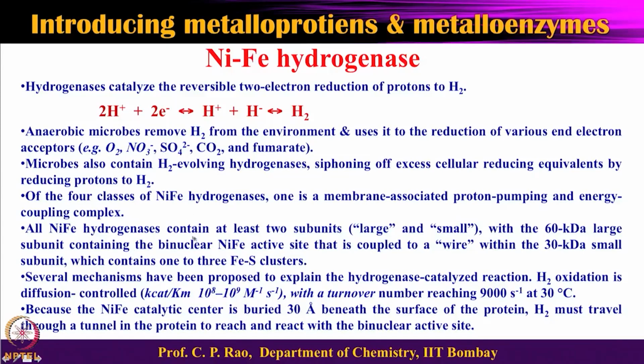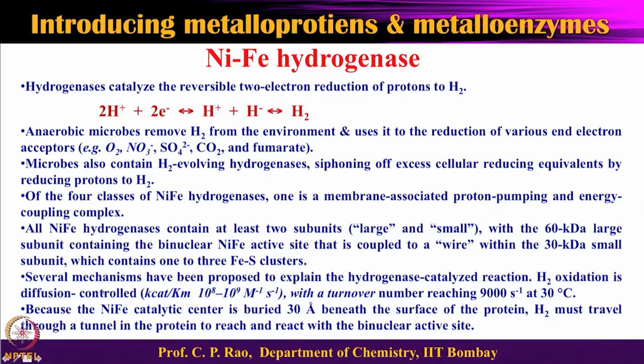Let us look at the enzyme part. The nickel-iron hydrogenase contains at least 2 subunits. One subunit is a large one, the other is a small one, about 60 kilodalton for the large and 30 kilodalton for the small one. And we will see in a while in the next slide what these are.